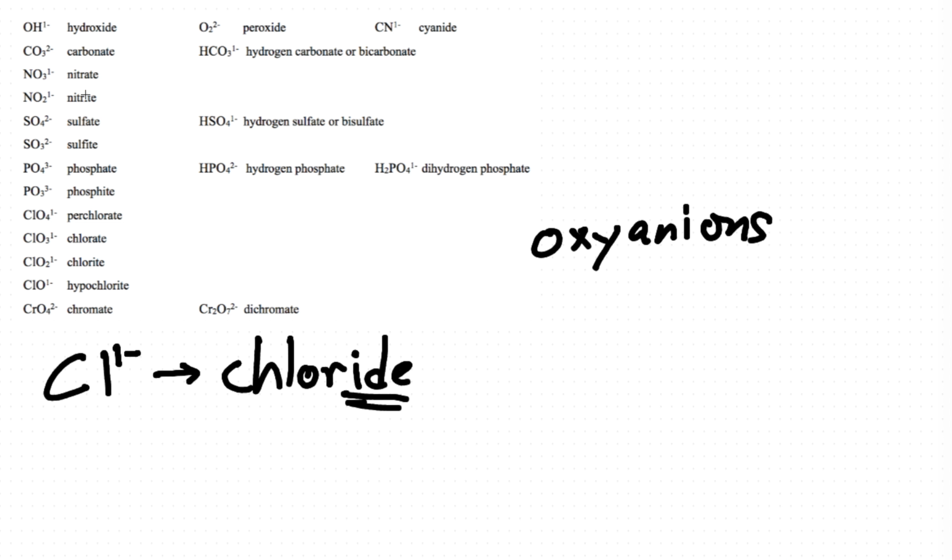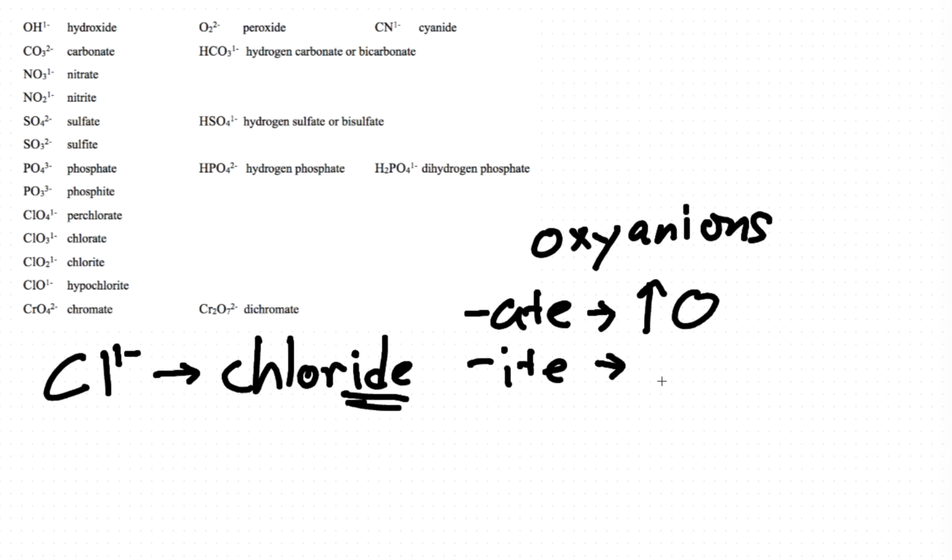So for instance, you'll notice we have nitrate and nitrite. The -ate ending is used for the anion with the larger number of oxygen atoms, and the -ite ending is used for anions with fewer numbers of oxygen atoms.